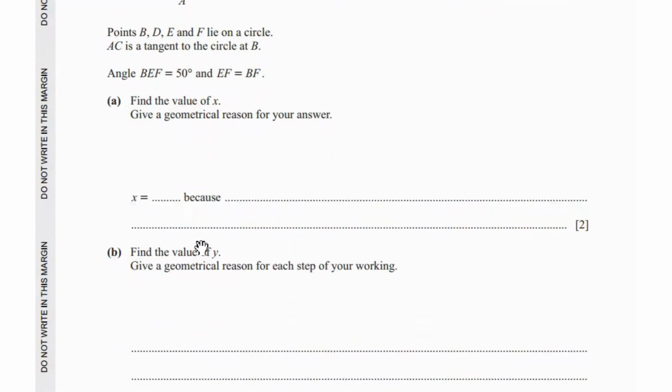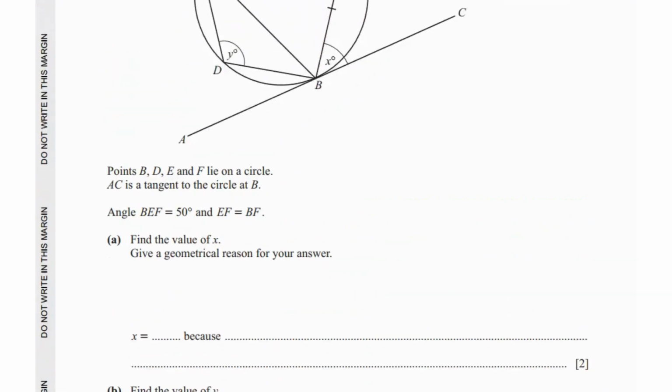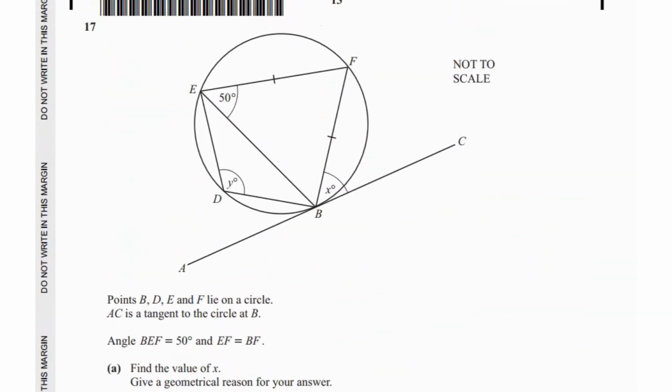Find the value of y, give a geometrical reason for each step of your working. So we know this is 50, and this is an isosceles, this is also 50, and this is going to be 80. So that's 80 over here. For the steps, angle EBF is 50 degrees, isosceles triangle.